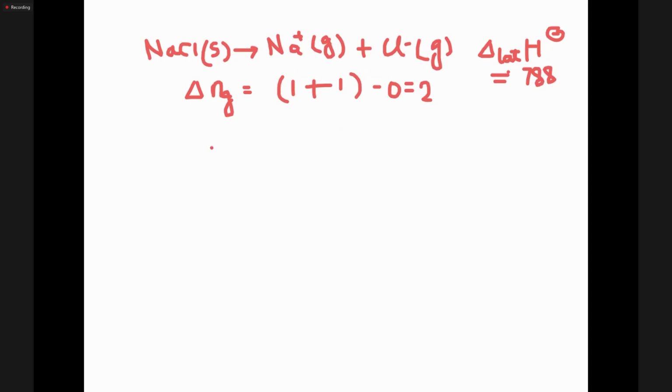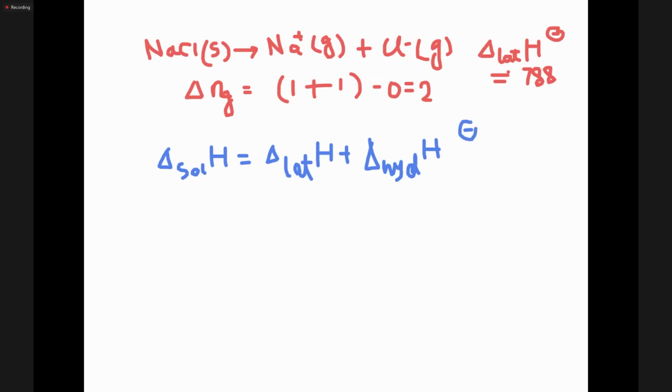Now we can use the value of this lattice enthalpy to calculate the enthalpy of solution from the following expression. What is the expression by which we can calculate it? We know that delta solution of H is equal to delta lattice of H plus delta hydration of H, all in their standard state.